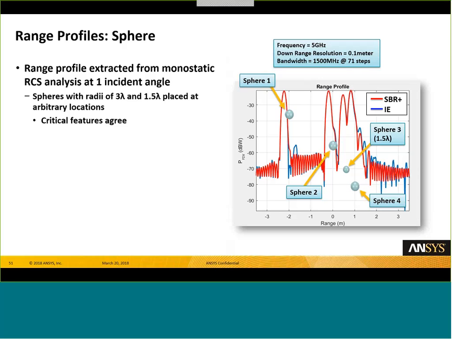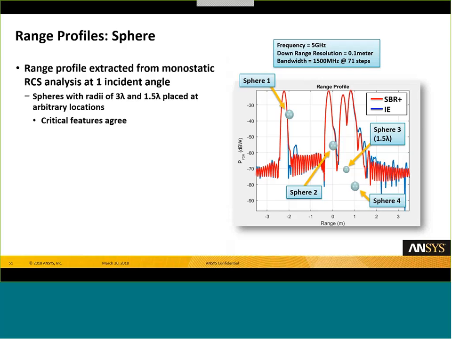So notice in the middle of the horizontal axis, we've got a range 0. That corresponds to the target range defined previously by that X-max value. So think of a negative value on that as features that are in front of that target range, and positive numbers correspond to features that are behind that target range.